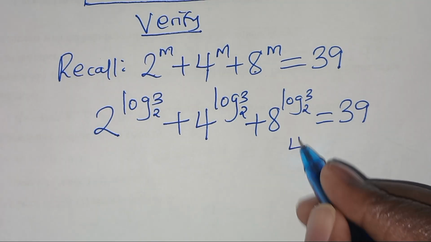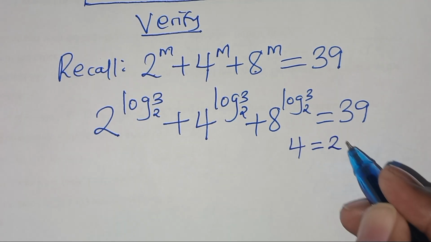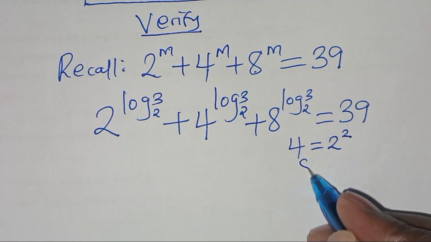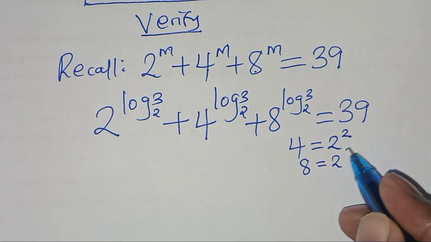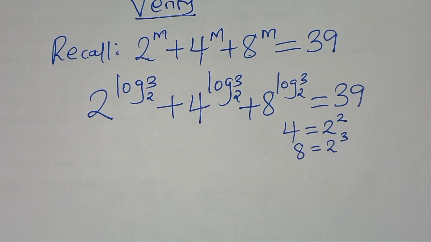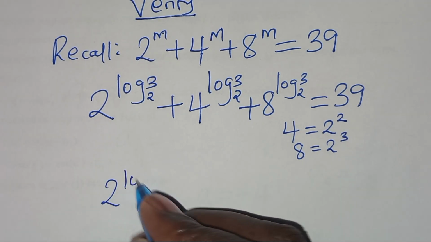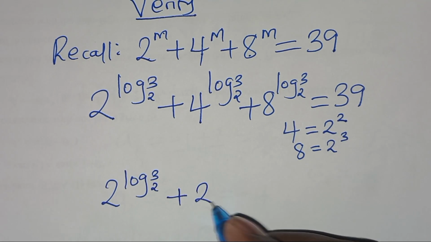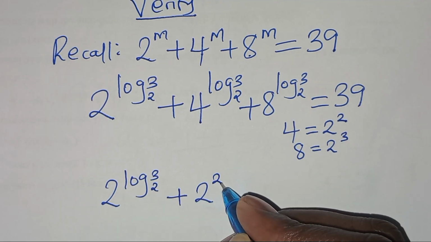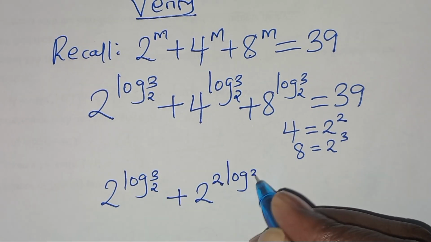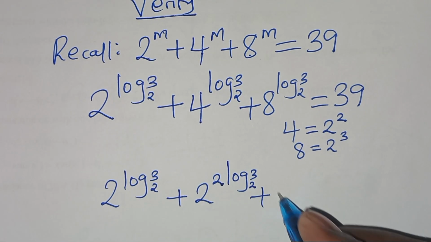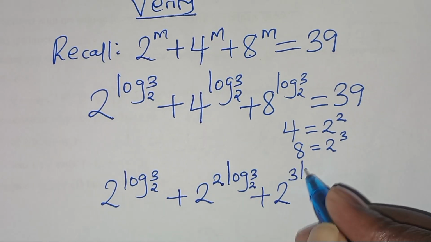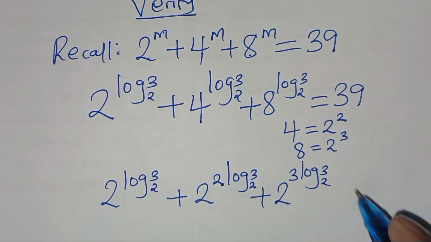So here we can express 4 as 2 to power 2, and we can express 8 as 2 to power 3. So this is the same thing as 2 to power log 3 to base 2, plus 2 to power 2 log 3 to base 2, plus 2 to power 3 log 3 to base 2.